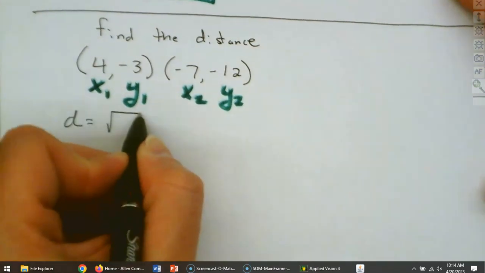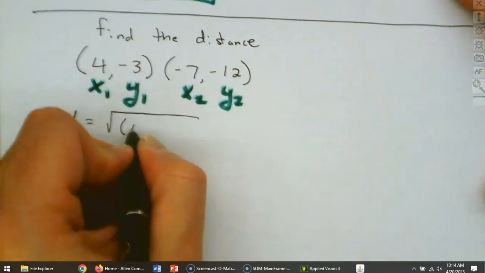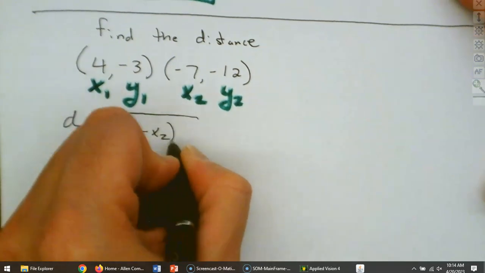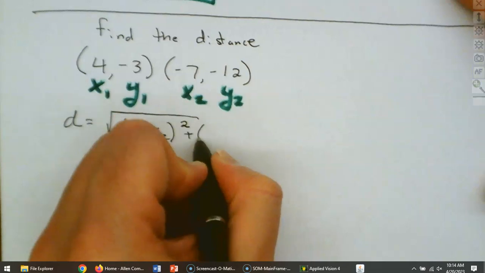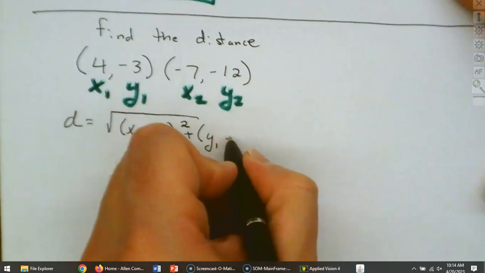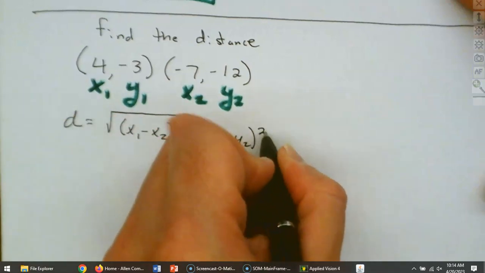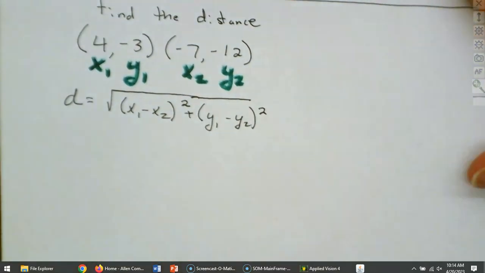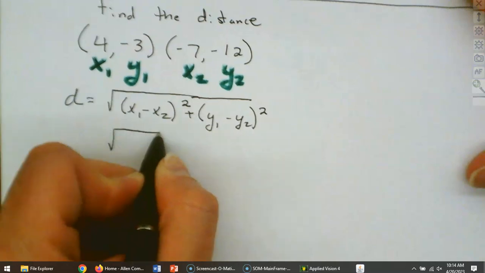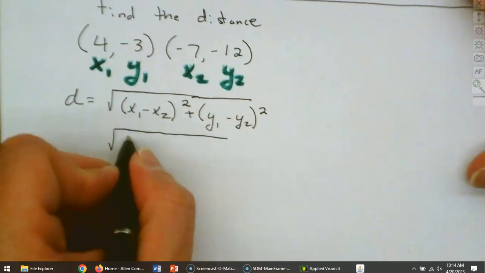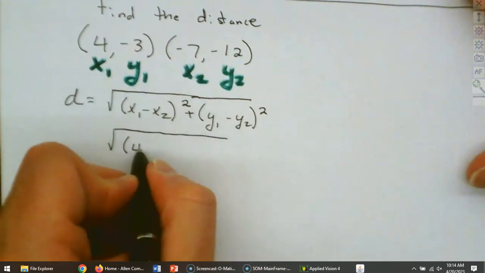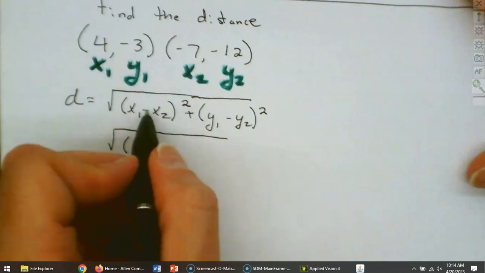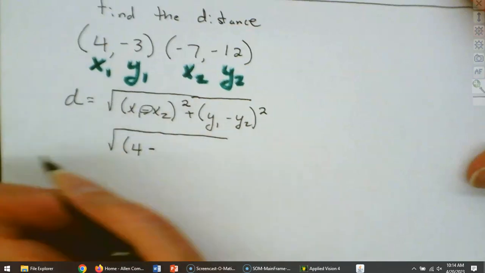D equals the square root x1 minus x2, quantity squared, plus y1 minus y2, quantity squared. And we'll fill in our pieces here. So that is going to be the square root of 4. Now watch for double negatives. We have a negative here, so that's going to be a minus.